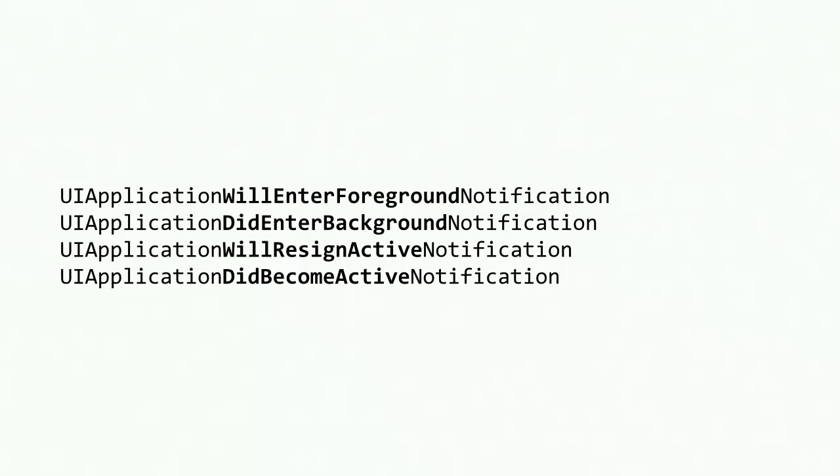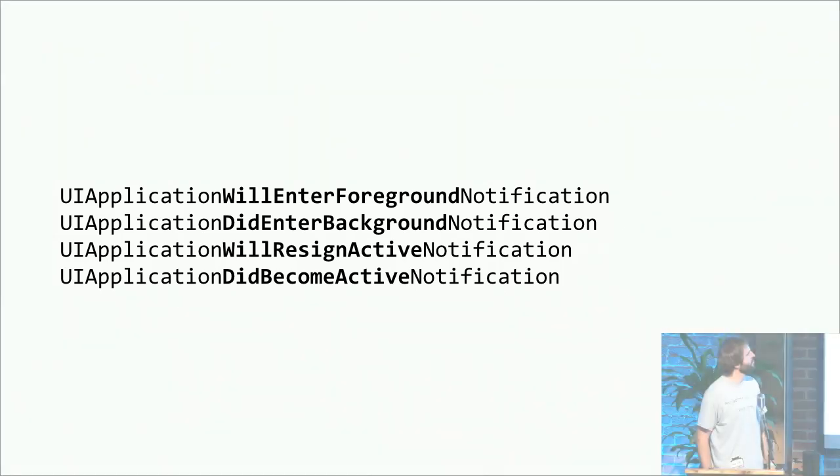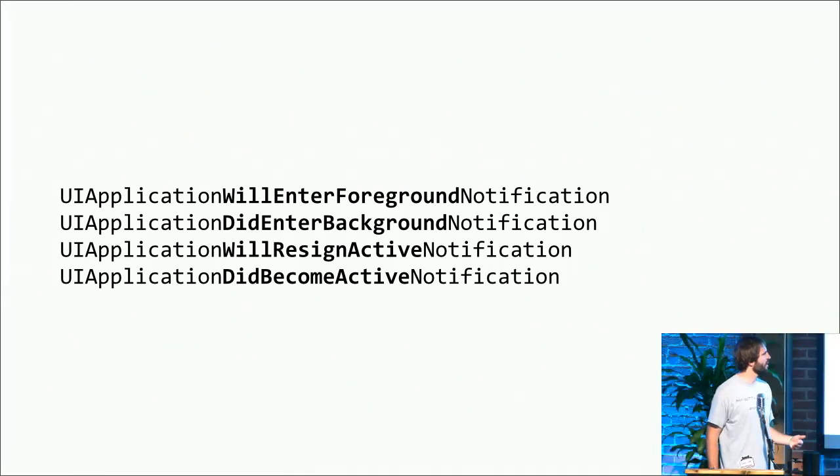Okay, so notifications. There's a lot of notifications used in Cocoa, and we'll take a look at one way in which we can create a signal out of the notifications instead of manually implementing a whole bunch of methods. UIApplication has these four notifications, basically to manage when you go from foreground, background, active, inactive.